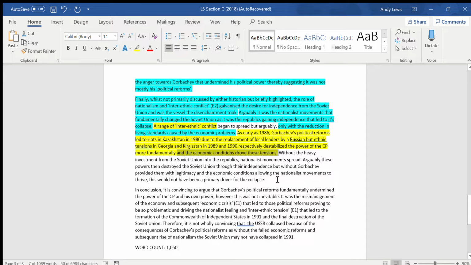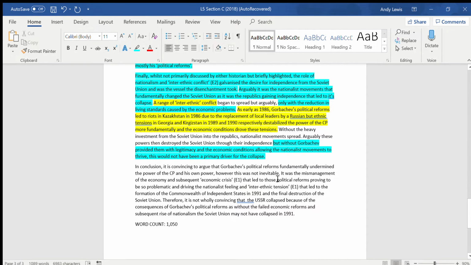Without the heavy investment from the Soviet republics, nationalist movements spread. Arguably, these powers then destroyed the Soviet Union through their independence, but without Gorbachev providing them with legitimacy and the economic conditions allowing the nationalist movements to thrive, this would not have been the primary driver for collapse.